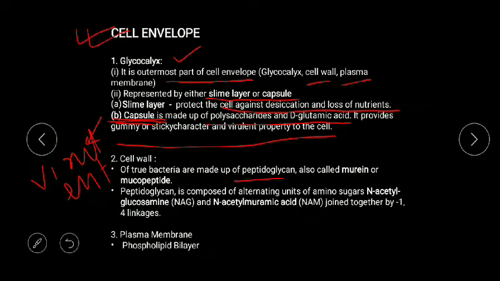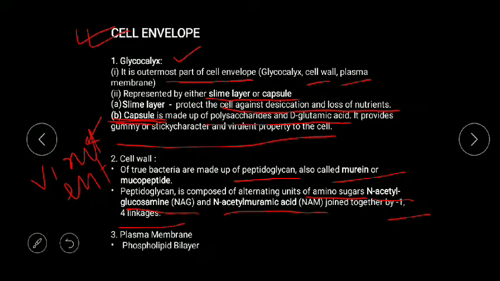Then, inner to the glycocalyx, there is the cell wall. The cell wall of true bacteria is made up of peptidoglycan, as we have discussed, and it is also called murein or mucopeptide. Peptidoglycan is a polymer of alternating units of amino sugars. Sugar chains are linked to each other by amino acid chains or peptide bonds.